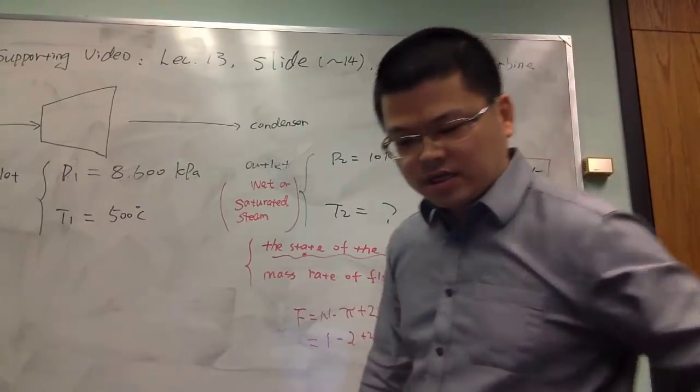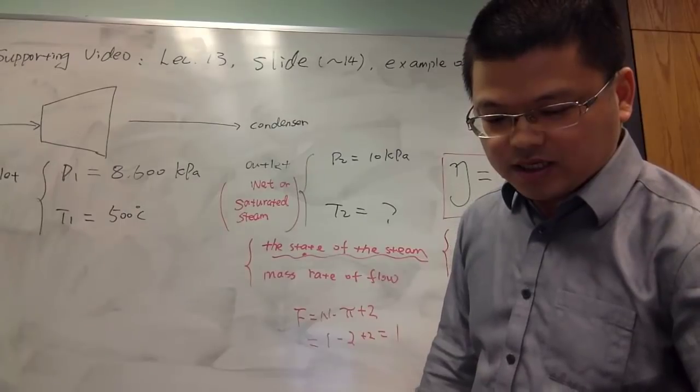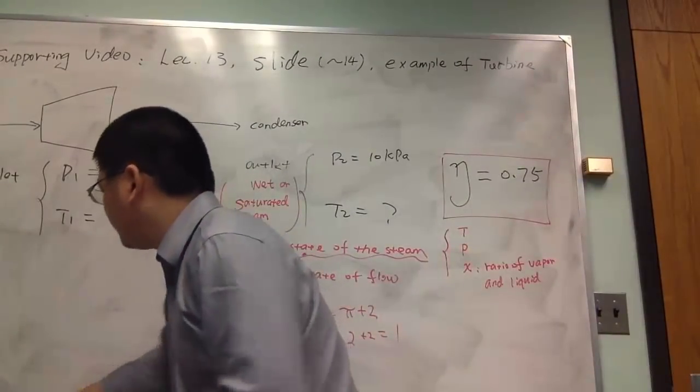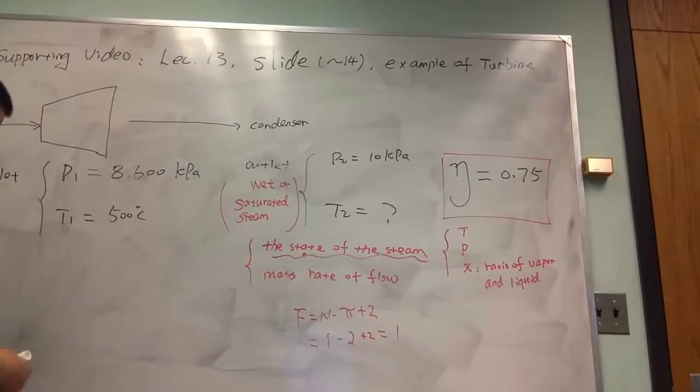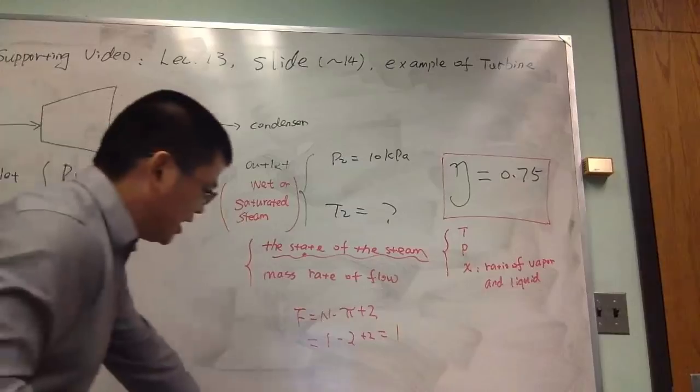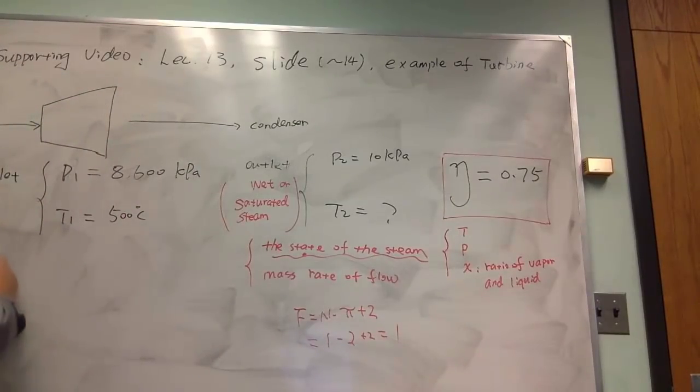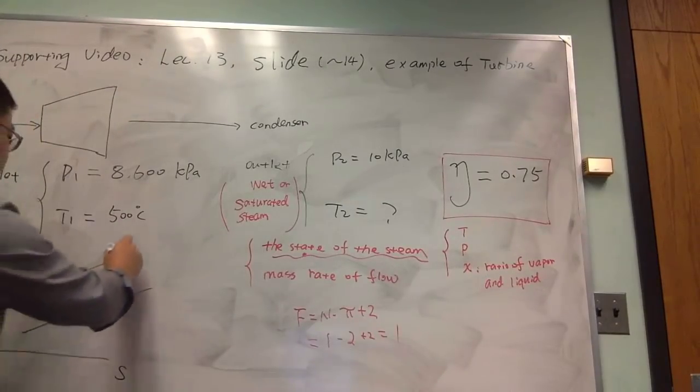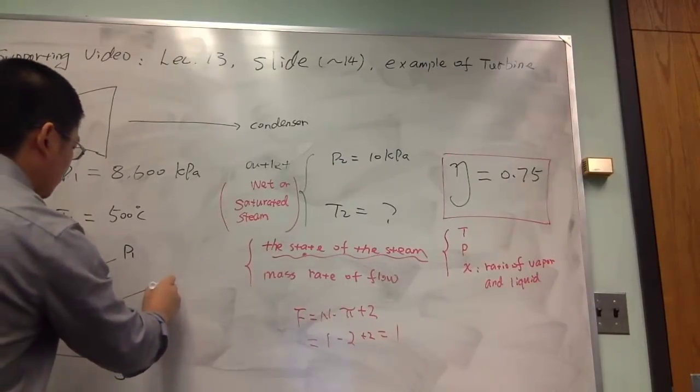If you recall, as we discussed on slide 13 for the turbine efficiency, the efficiency is indeed discussed by using this HS diagram. So let's use another HS diagram. This is H, this is S. I'm going to have two pressures, this is P1, this is P2.